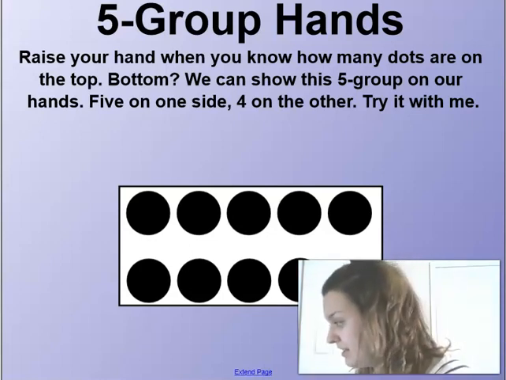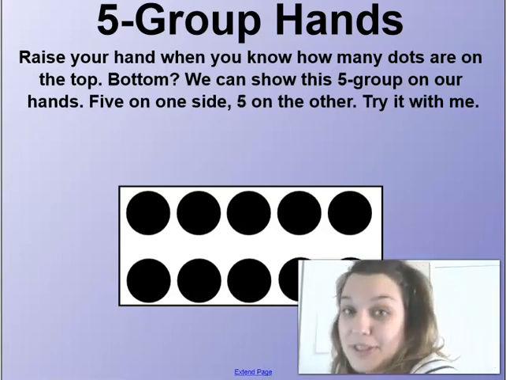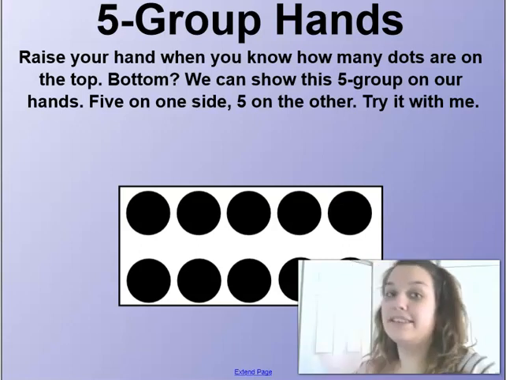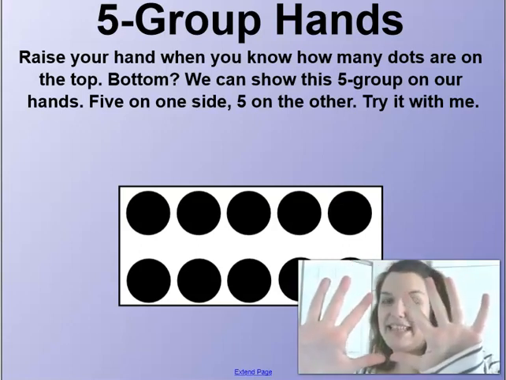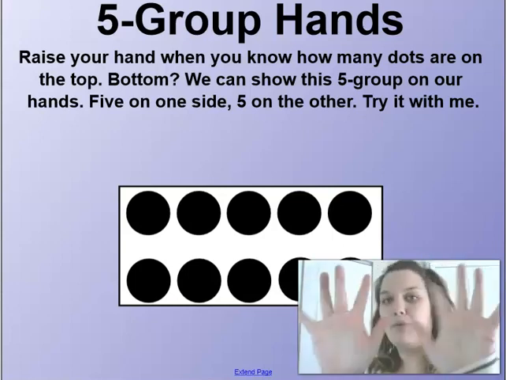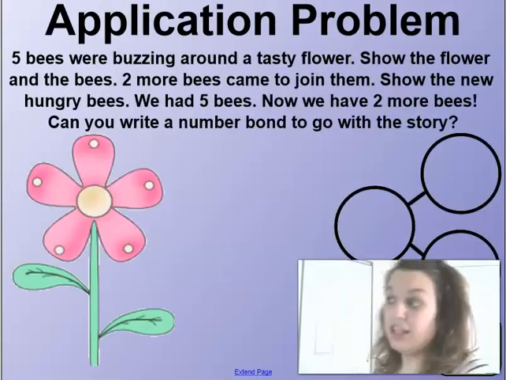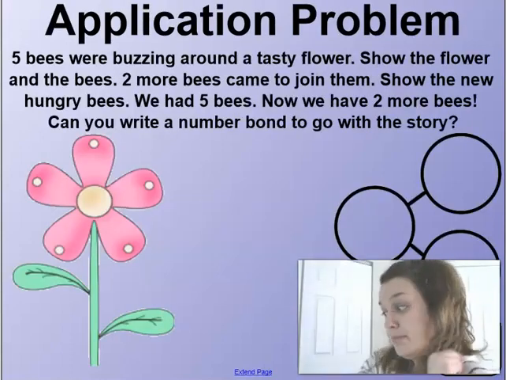Very good. Show me in 3, 2, 1. 10. Very good. We have 5 on the top and 5 on the bottom, and we know 2 hands is 10. Great job. So I think you're ready for our application problem.